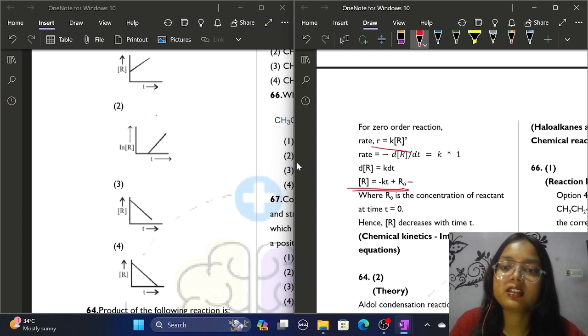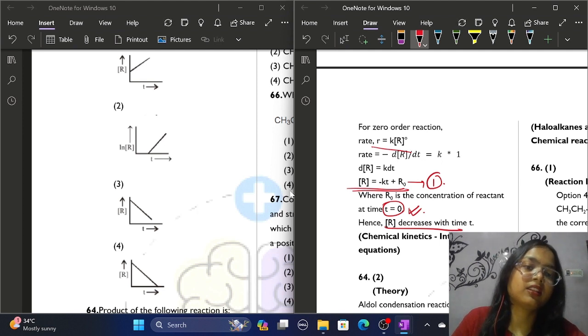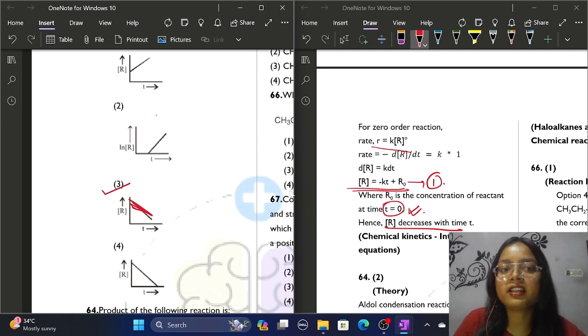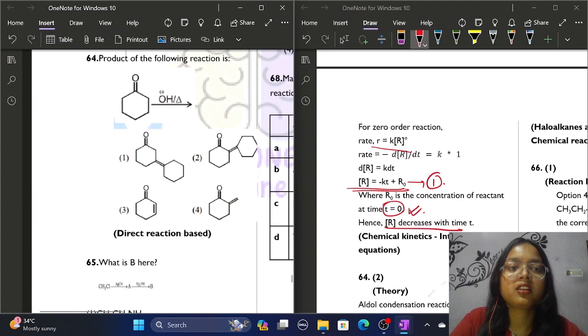This will be the equation for a zero order reaction, where [R] is the concentration of the reactant at time t. In a zero order reaction, [R] decreases with time. If the reactant decreases with time, it concludes that this option is correct. So option 3 will be the correct one. If it came out to be increasing, then option 1 would be correct. So in this case, option 3 is the correct option.